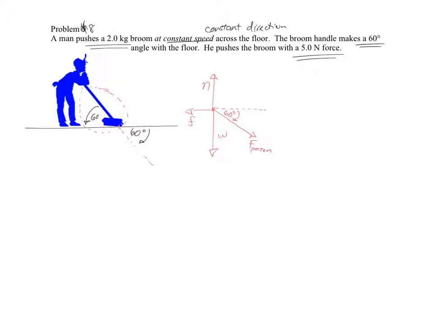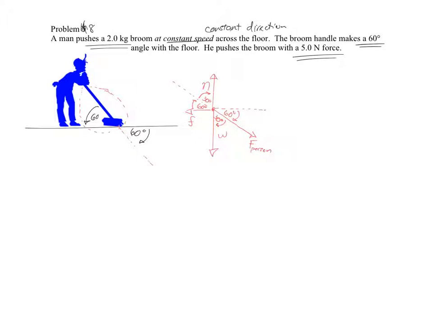Okay? And I guess I could make a reference line here that might help. And then I'm thinking that this is also 60 degrees. And that means this one is 30 degrees here, right? This is 30 degrees there. So I hope that helps us get a good start.